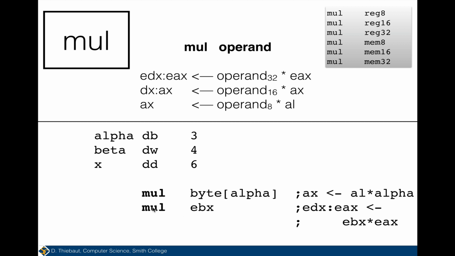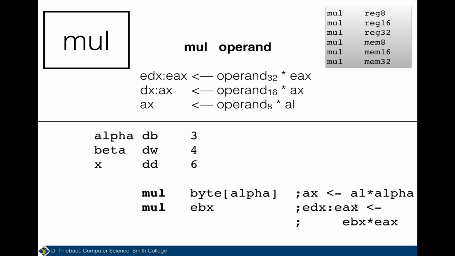And now here's an example of mul EBX. EBX is a 32-bit register, so I know that automatically the mul is going to use EAX. That's the implied register. So whatever is in EAX is going to be multiplied by EBX. 32 bits times 32 bits is going to be a 64-bit result.